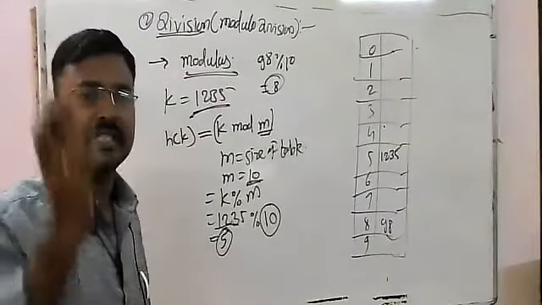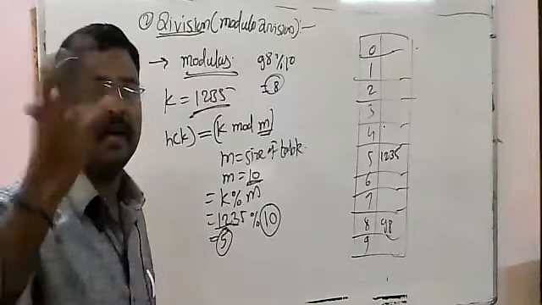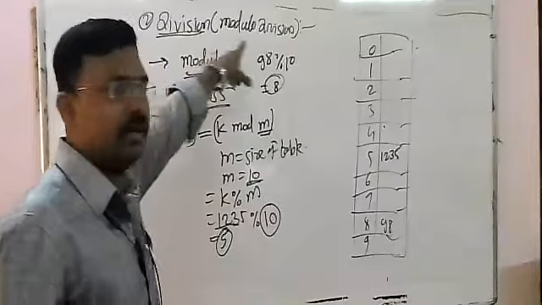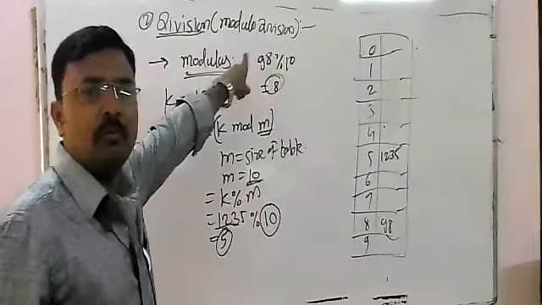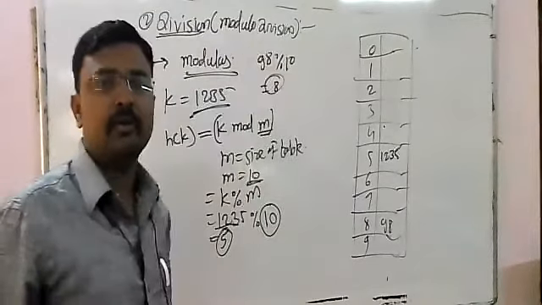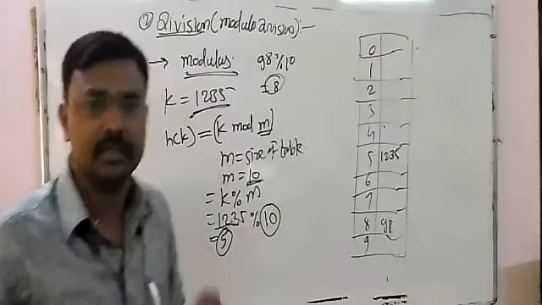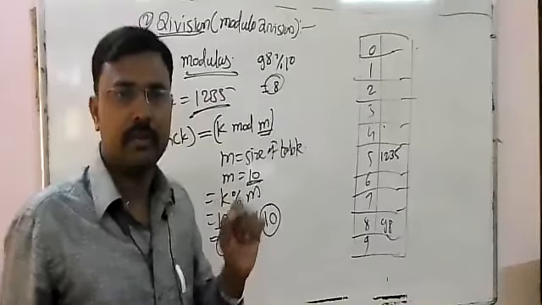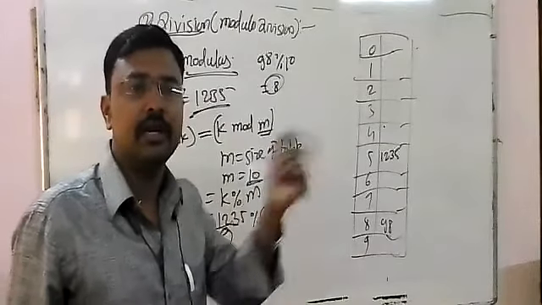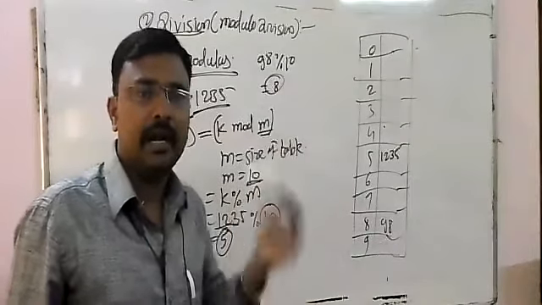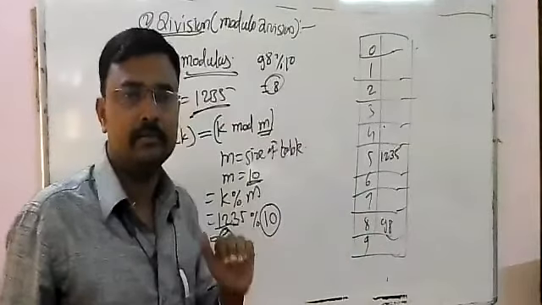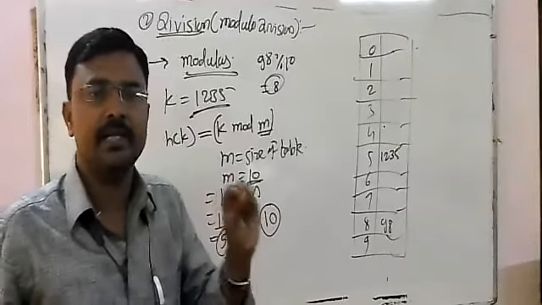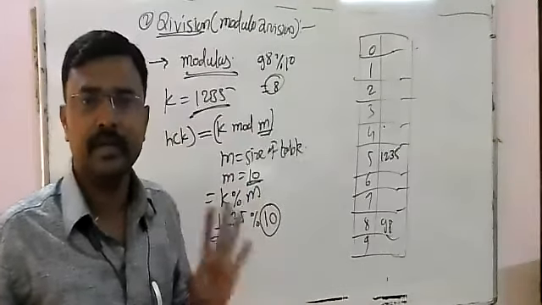The first technique is truncation or extraction. The second technique is division, also called modulo division, where we calculate the modulus for a given value, and according to the remainder, we store our element at that particular index.